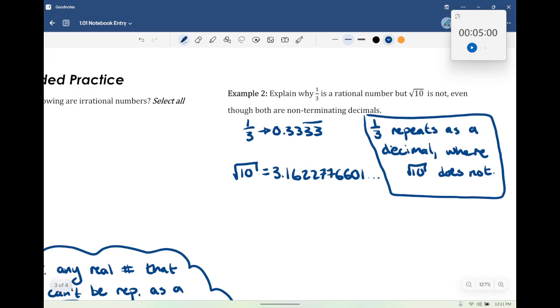One-third repeats as a decimal, where the square root of 10 does not. Again, when we think of irrational versus rational, it's truly, is there a pattern? If they're going to go on forever, there needs to be a pattern. They need to repeat. The square root of 10 does not do that.